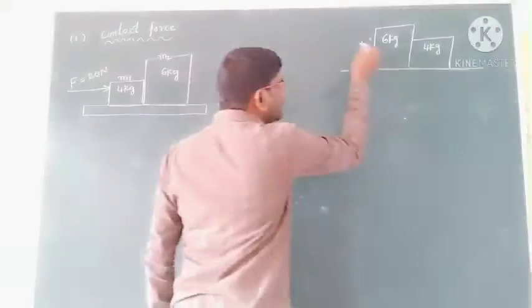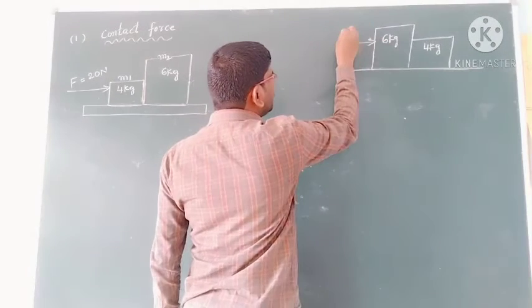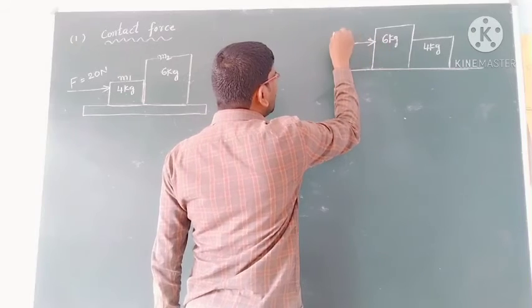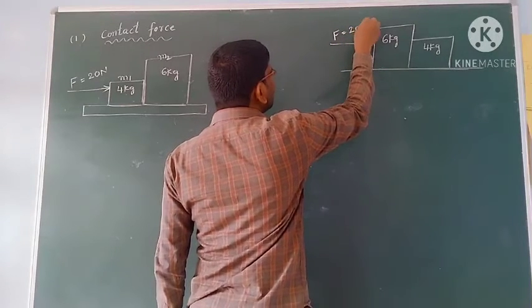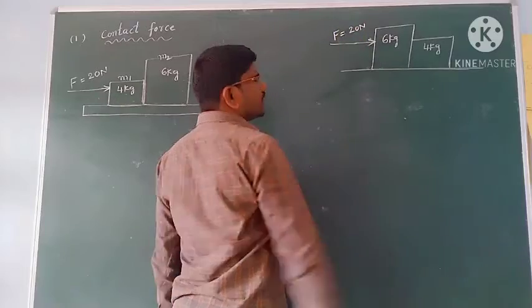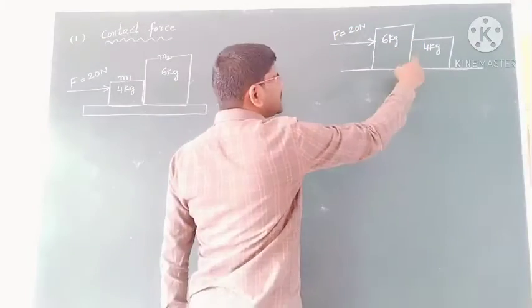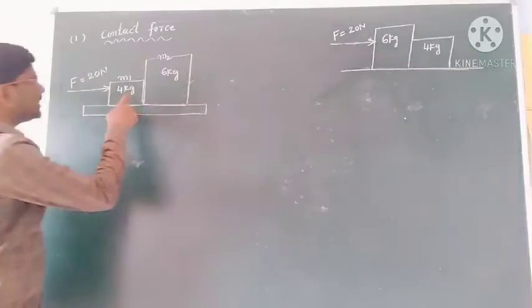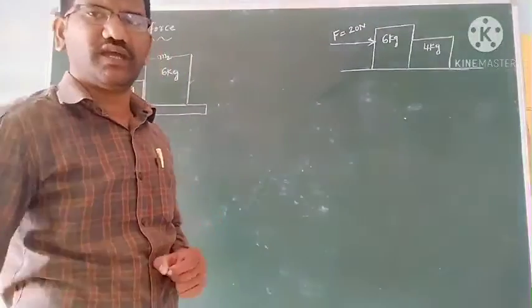And now we are applying the force on the 6 kilogram block. That force is 20 newtons. Okay, students. Then what is the contact force between 6 and 4, and between 4 and 6? Different situations we can consider here.